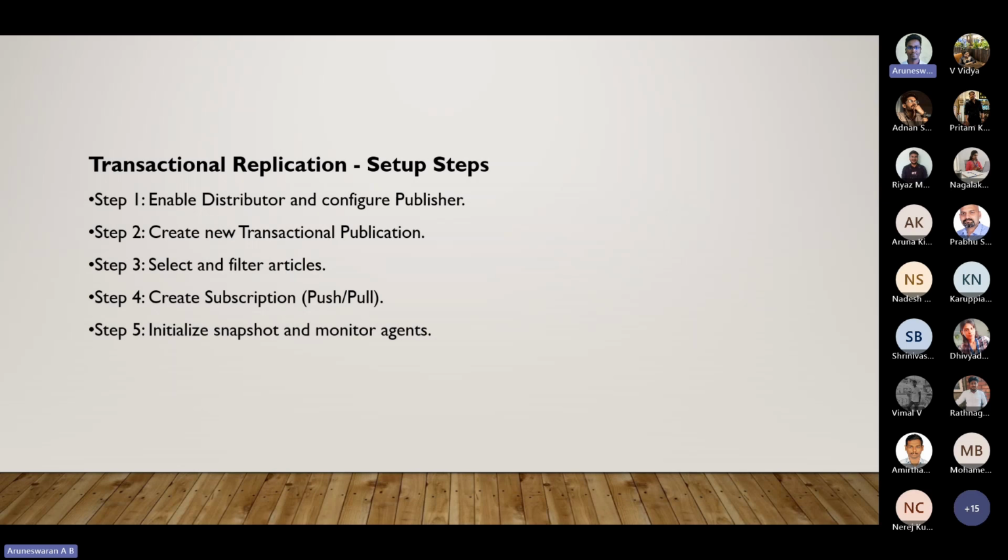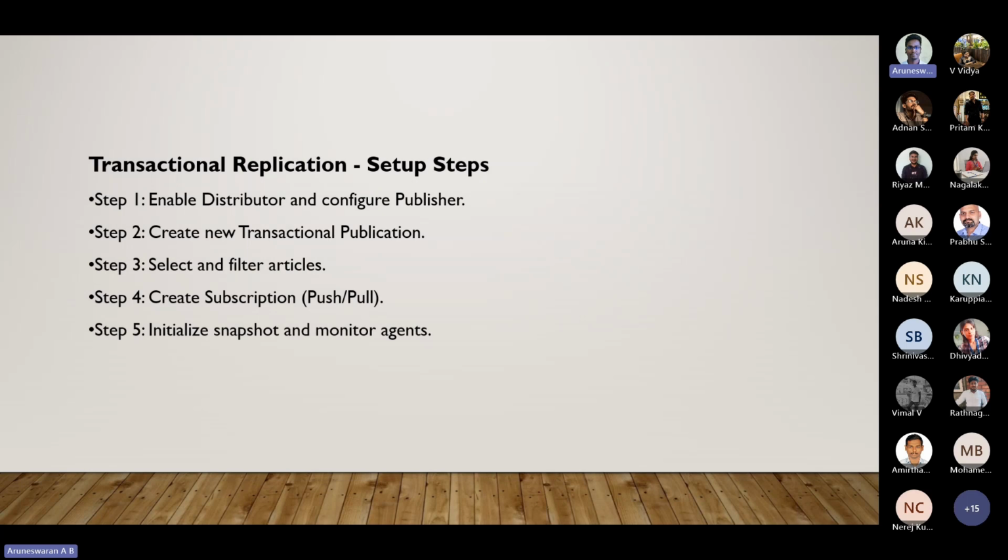For example, in snapshot replication, you are creating the snapshot agent to take the snapshot, right? But in transactional replication, before we can configure the replication, we need to take one snapshot, and only then can we do the replication.